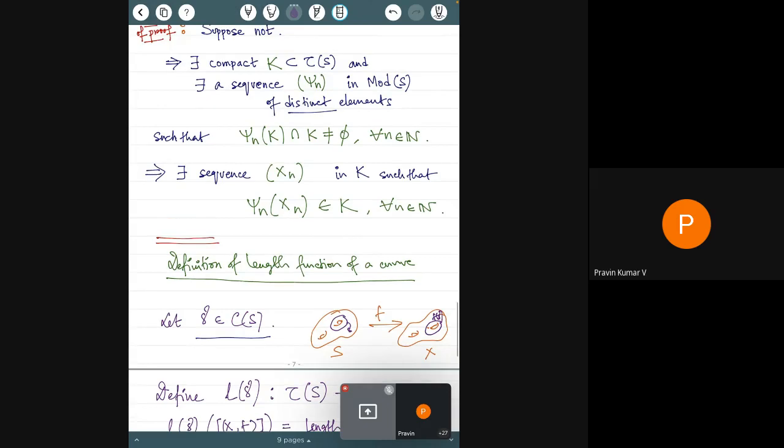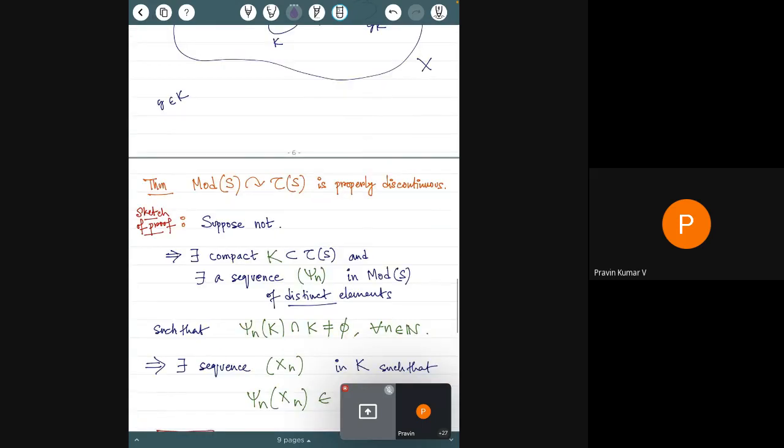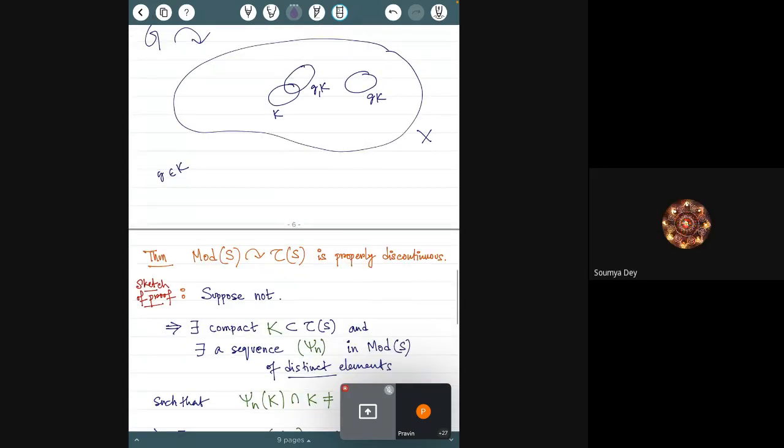Shall I make one comment? Correct me if I'm wrong. You said you have a unique geodesic representative. Is that where you first use that the surface is closed, without puncture? You can do the whole theory for a surface with puncture also, right? In our case, we are dealing with closed surfaces.